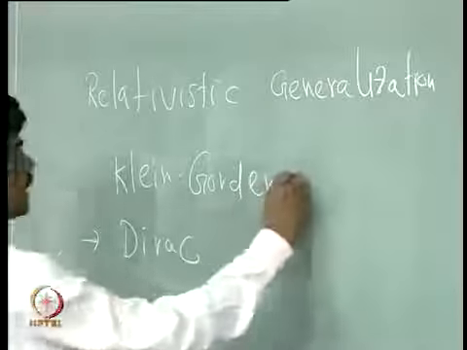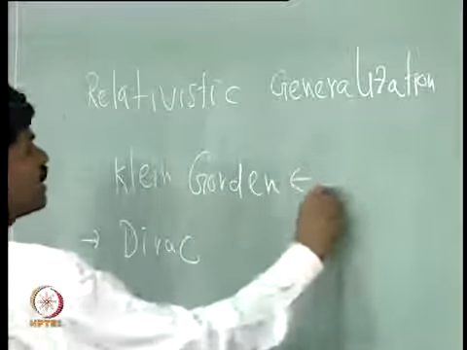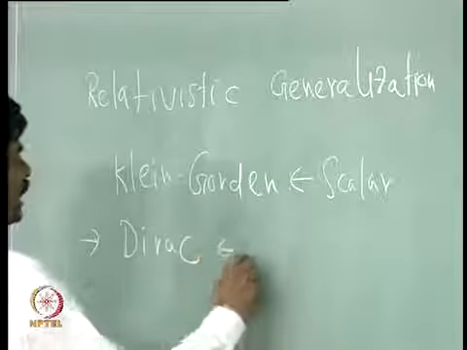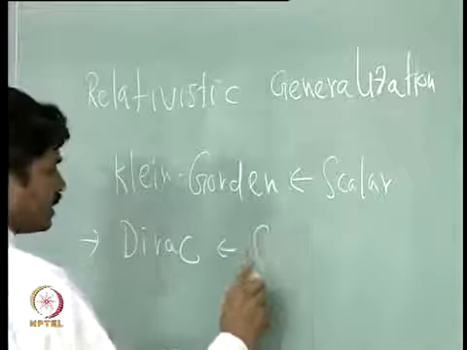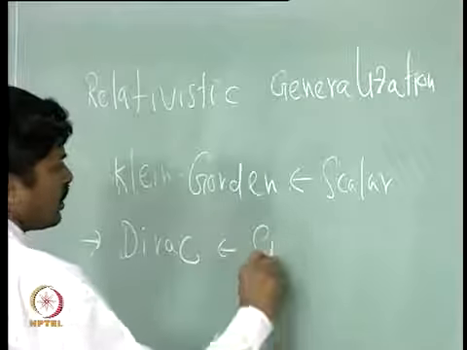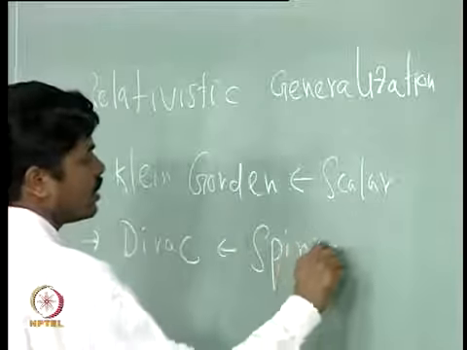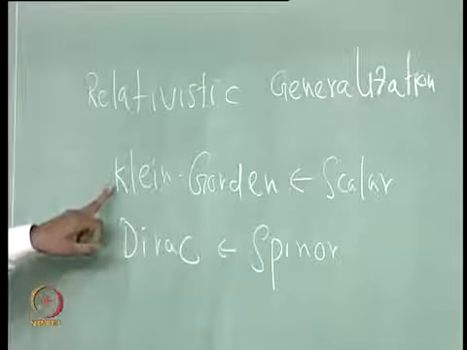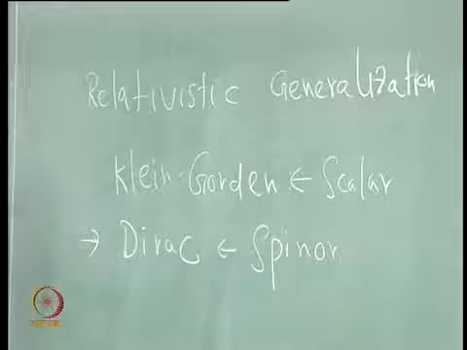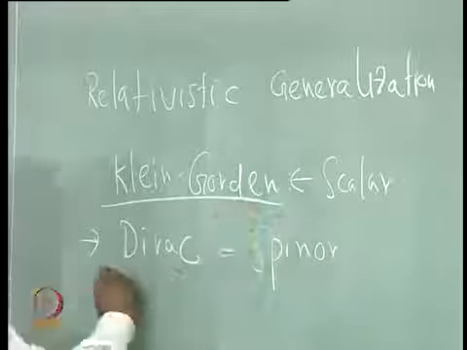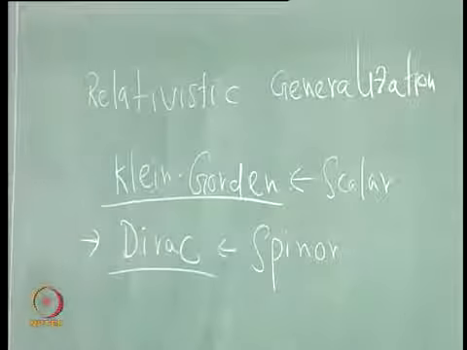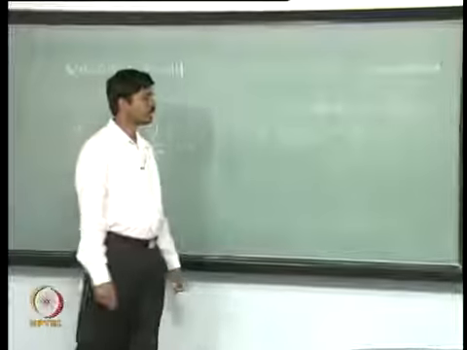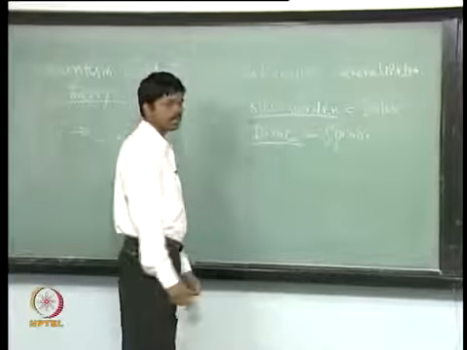Klein and Gordon generalized it for a scalar field, and Dirac generalized it for a spinor. What you find here is that if you want to interpret the Klein-Gordon equation or the Dirac equation the way you interpret the Schrodinger equation, then you run into various inconsistencies.